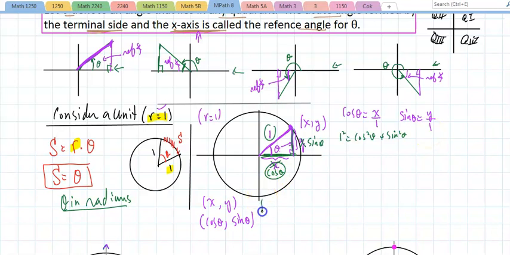And in trig, we say, well, hey, isn't the secant of theta 1 over x? And isn't x the cosine of theta? Isn't cosecant of theta 1 over y? Again, cosecant of theta is the hypotenuse over the opposite. Wouldn't that be 1 over sine of theta? And that's how we define the reciprocal identities.